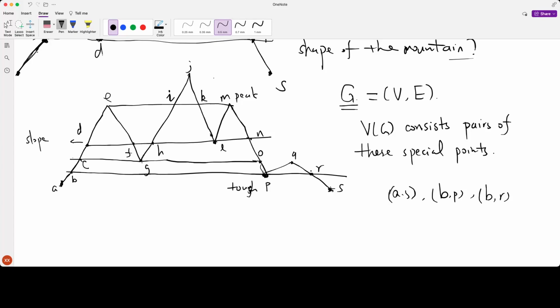So how do I find these pairs of special points? They must lie in the same level. For example, I can also put PR, or RP, doesn't matter, there are many of them, but there are finitely many of them. It can be RB also.